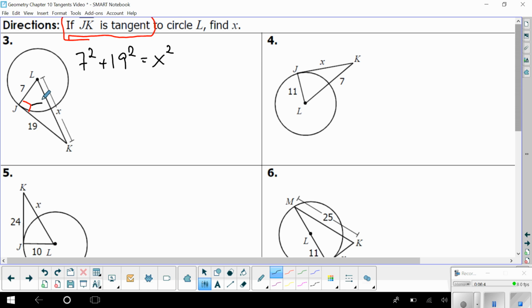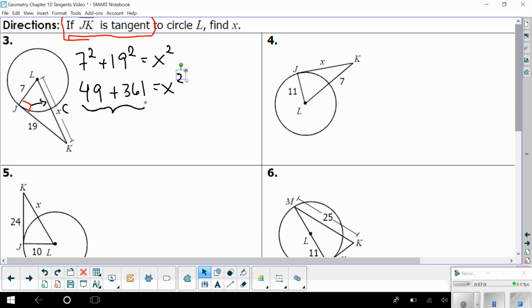Remember, across from the 90 is going to be our c. So 7 squared is your 49 plus your 19 squared, which is your 361. Oh, we have to figure out x squared. So this right here is your 410.